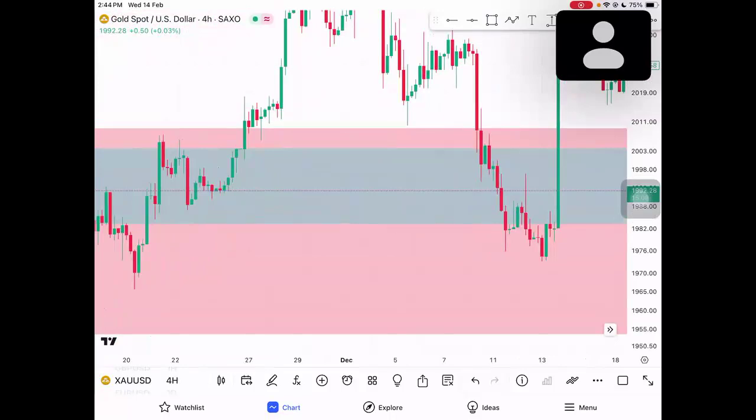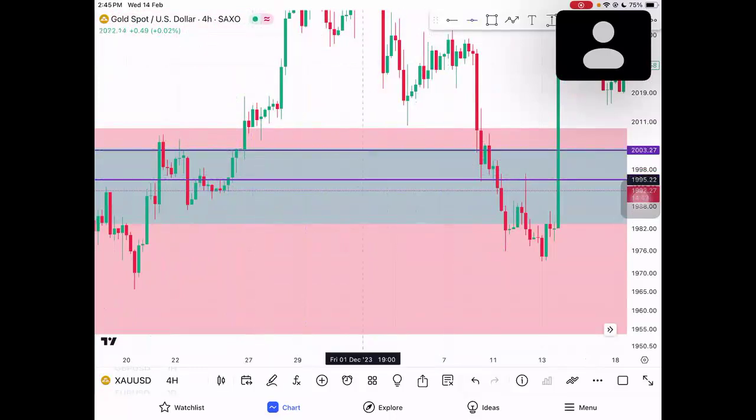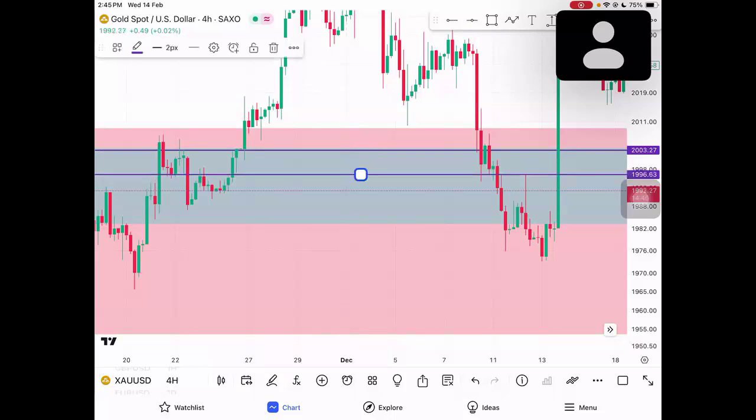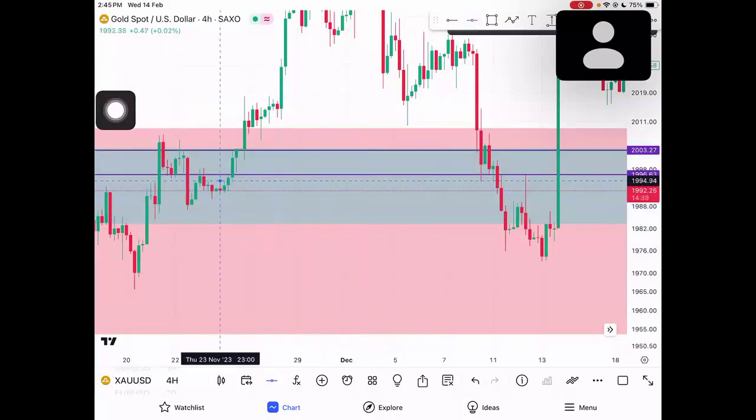EG buy? Yes, correct, EG buy. But for me, I precise the zone again for my last zone. So inside here we have two zones, one EF, another one is EG. Correct.